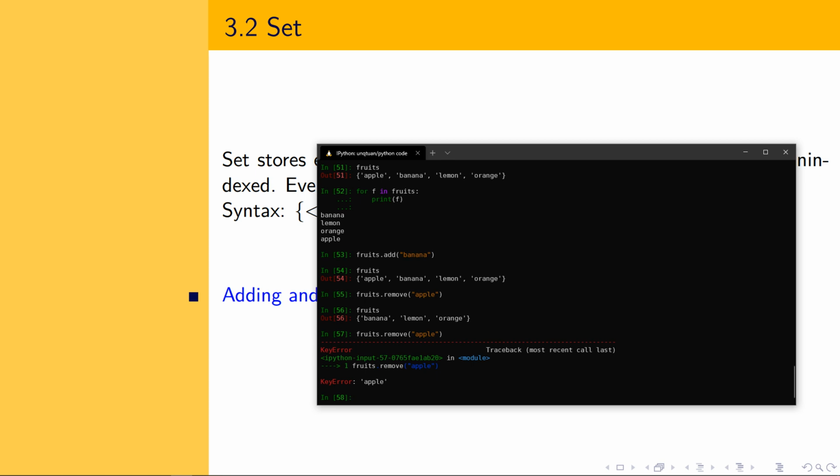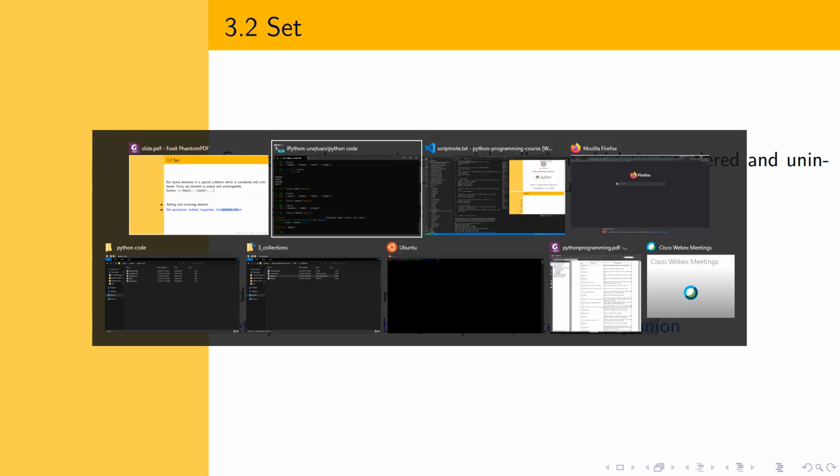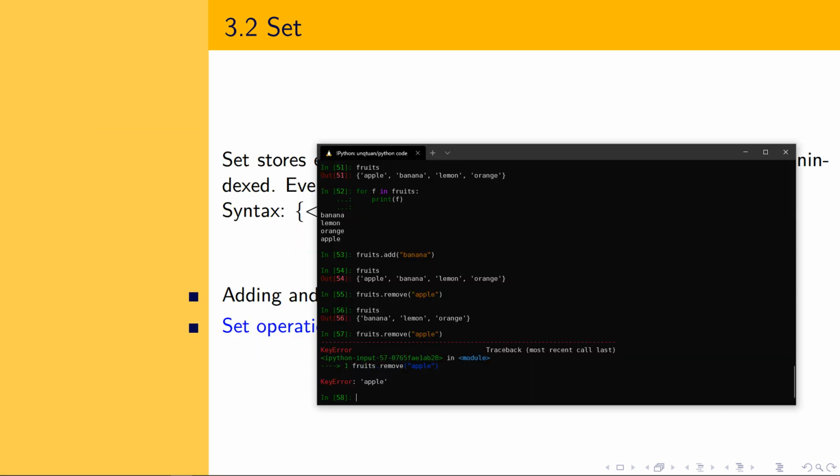The next thing is about the set operations: is subset, is superset, intersection, and union. So here issubset checks whether the set is a subset of another set and returns true or false.